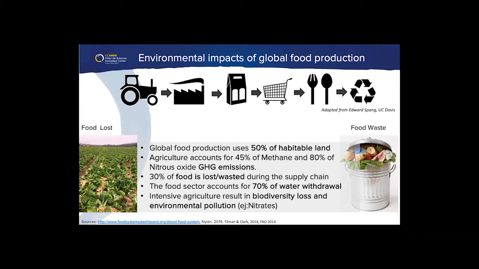And we have a system that is not as efficient as we would want, because 30% of the food is lost or wasted during the supply chain, according to FAO data. We also know that in order to produce food, a lot of materials and inputs are required. For example, food production accounts for 70% of the water withdrawal on our planet. And finally, other environmental impacts relate to biodiversity loss and environmental pollution. So this is just a glimpse of the food system's environmental impact issues.